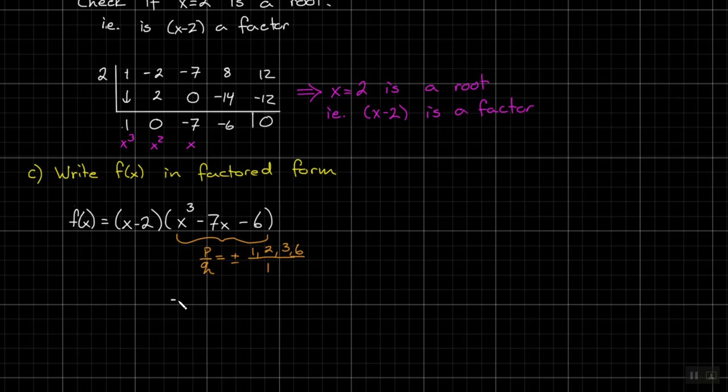So I'm going to put negative 1 outside my box, and I'm only working with these ones. So here we go, negative 1. In this lovely cubic, what numbers go up top? How many x cubes? 1. How many x squareds? 0. Good. How many x's? Negative 7. And negative 6. Verify that this is 0.